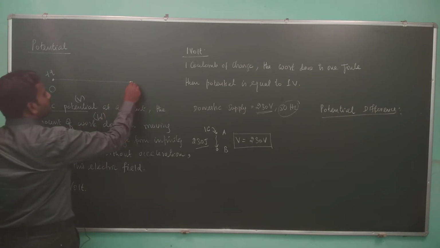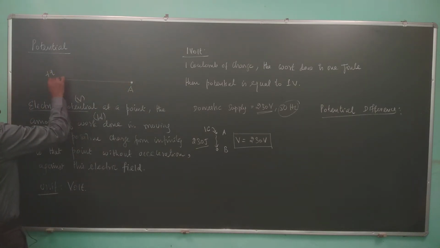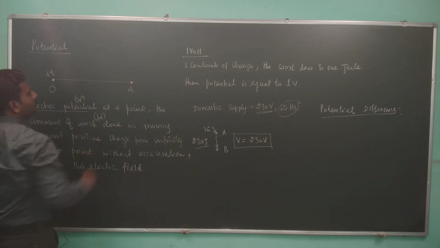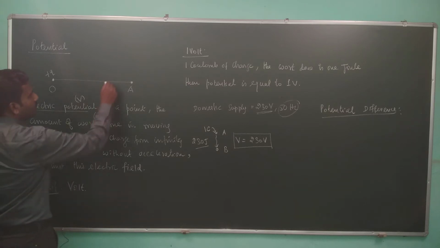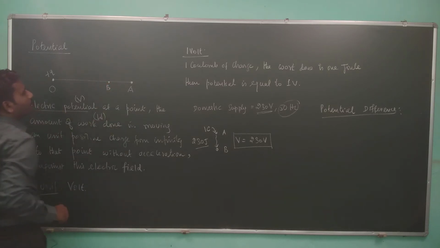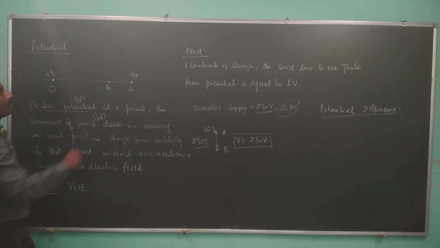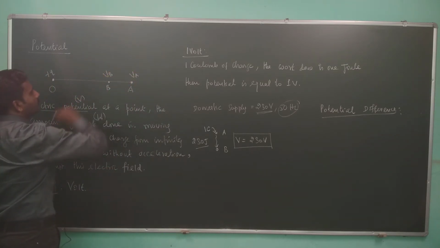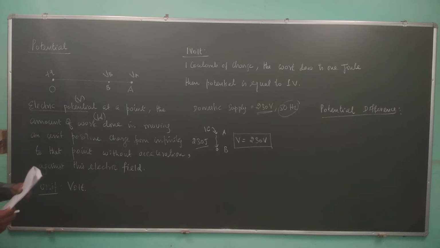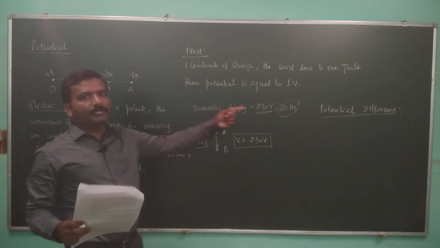Suppose, consider this case, there is a positive charge located at point O and there is a point A here. Suppose there is another point B. Assume that potential at point A is VA and potential at point B is VB. What does it mean? Actually, we are bringing a charge from infinity.